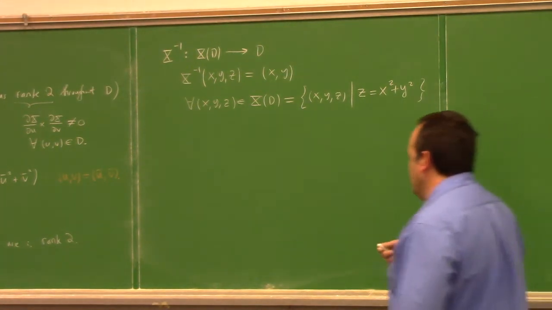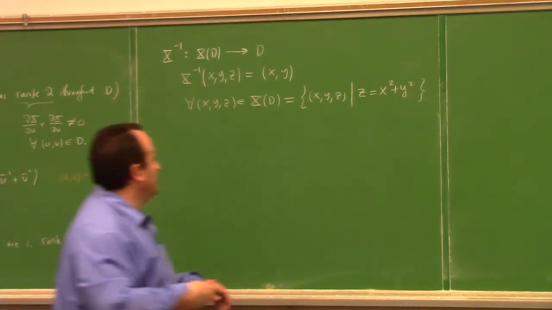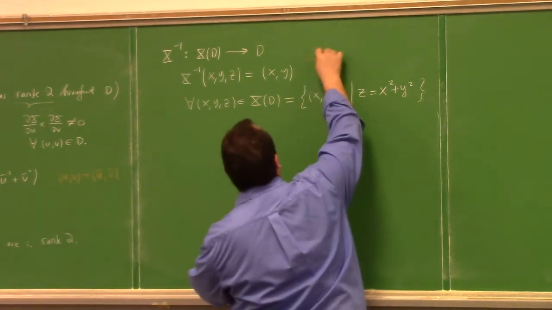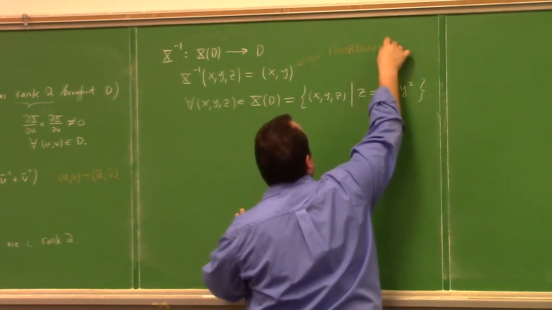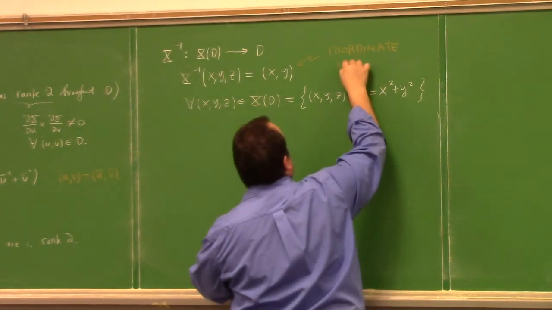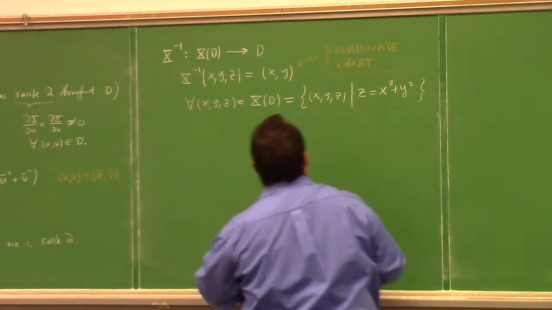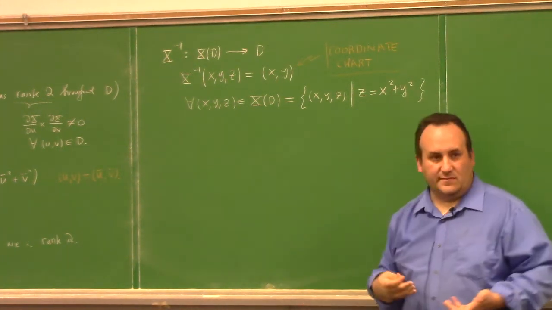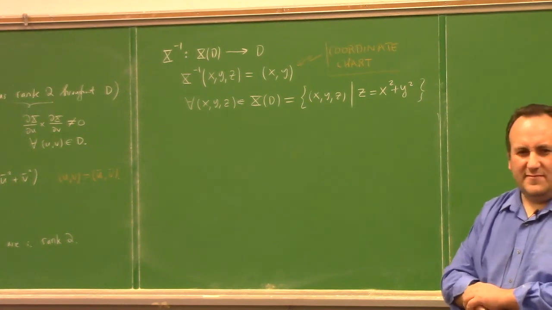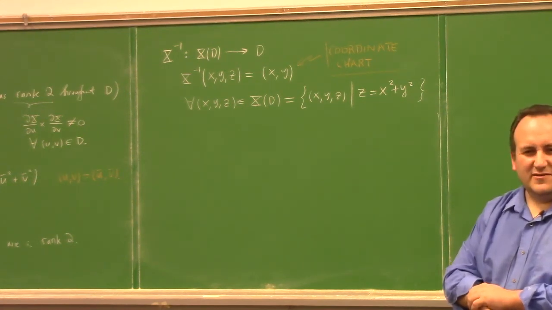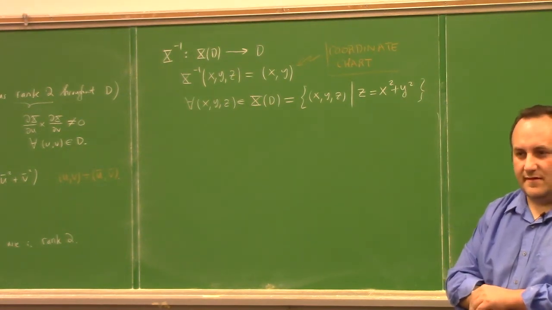So this thing that we just derived is called a coordinate chart. The coordinate chart is the inverse to the patch. I think O'Neill at some point says they're interchangeable. I disagree with this a lot.